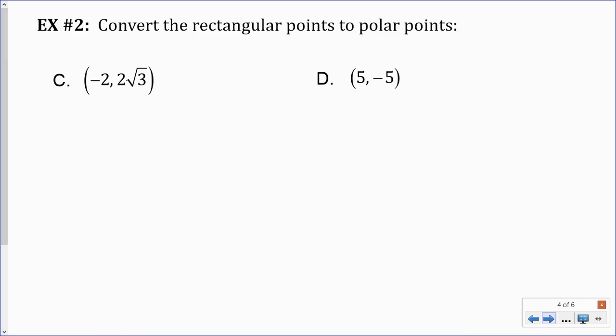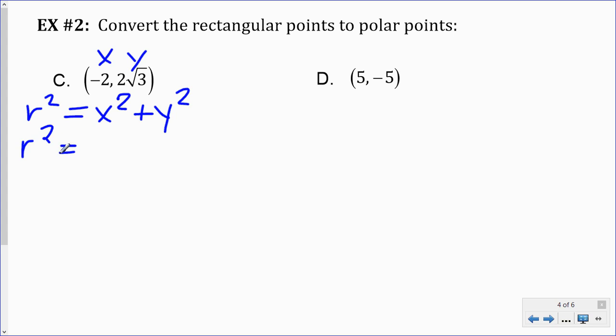So let's say we want to convert the rectangular coordinates negative 2, 2 square root of 3, to polar coordinates. Okay, the first thing we're going to start with is the fact that r squared equals x squared plus y squared. And remember, we have an x value and a y value, so we're just going to plug those in. So we'll have negative 2 squared plus 2 square root of 3 squared.